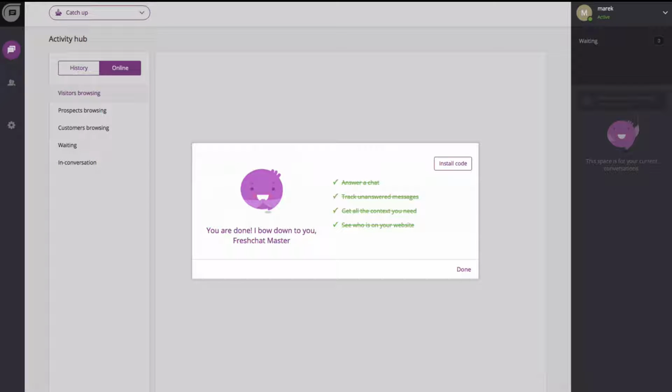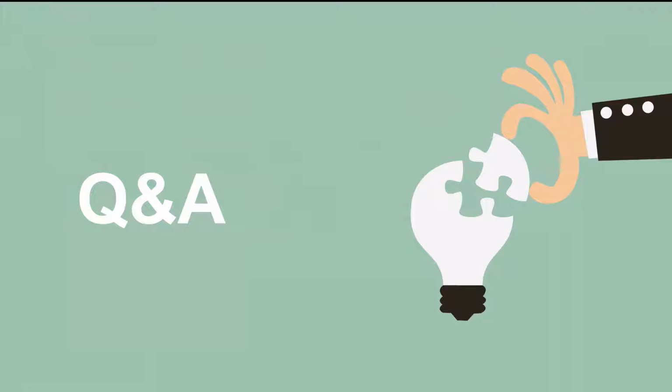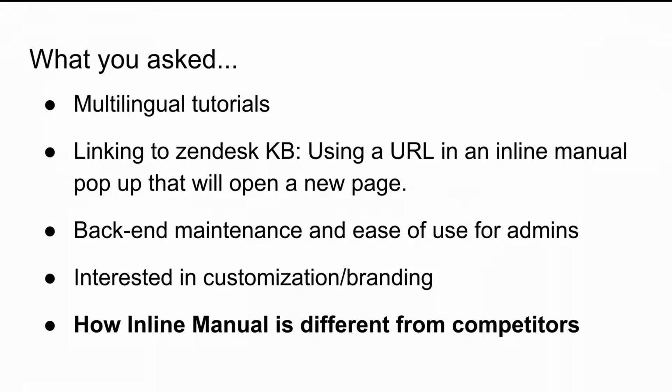So hopefully you feel ready now to do that, but maybe you have some questions. And before you came today, you had a few questions about how to use Inline Manual, and I hope we've covered everything that was at the top of your head. I showed you how to add a new language by part of what we did when we created the text change for the widget, the title.